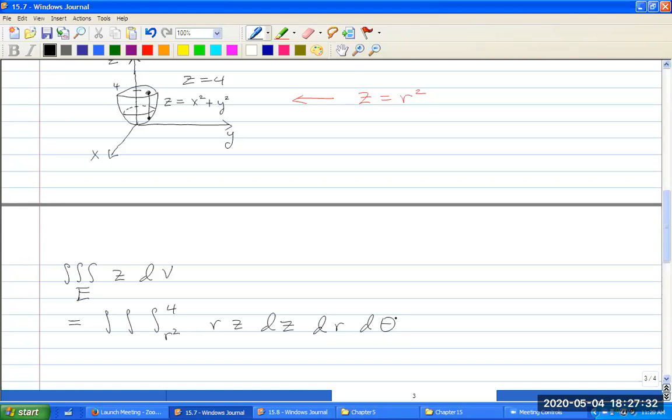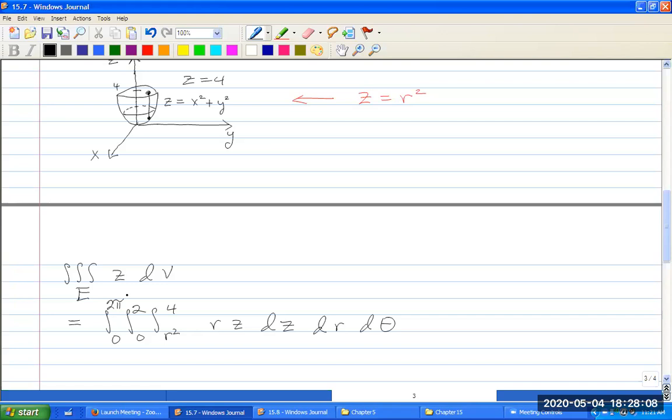Well, r here goes from 0 out to as far as this circle up here, which has a radius of 4, raised to 2. It's r squared is 4, therefore the radius is 2. So it goes from 0 to 2. And you're going all the way around the circle. So theta goes from 0 to 2 pi.